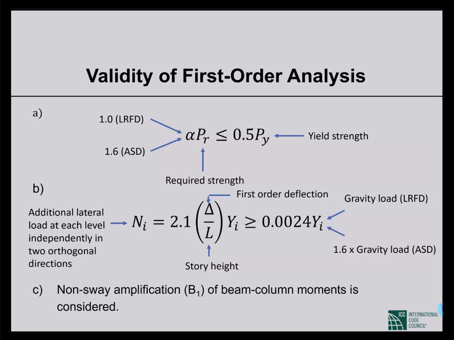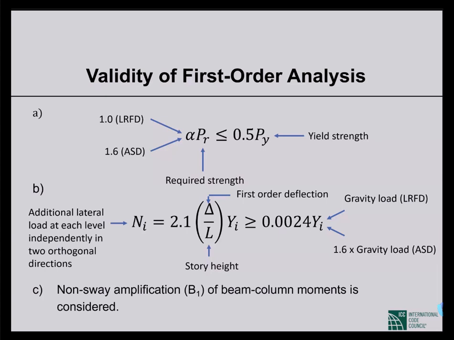Then another thing is that P small delta effect must be considered. Non-sway amplification B1, which is related to P small delta, that is individual member bending effect. Non-sway amplification of beam column moments, we have to consider that. So we'll do first order analysis. We'll calculate the story drifts.